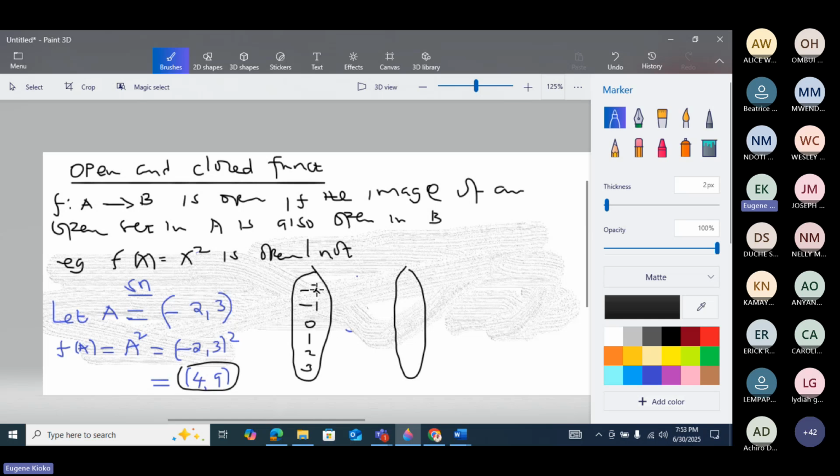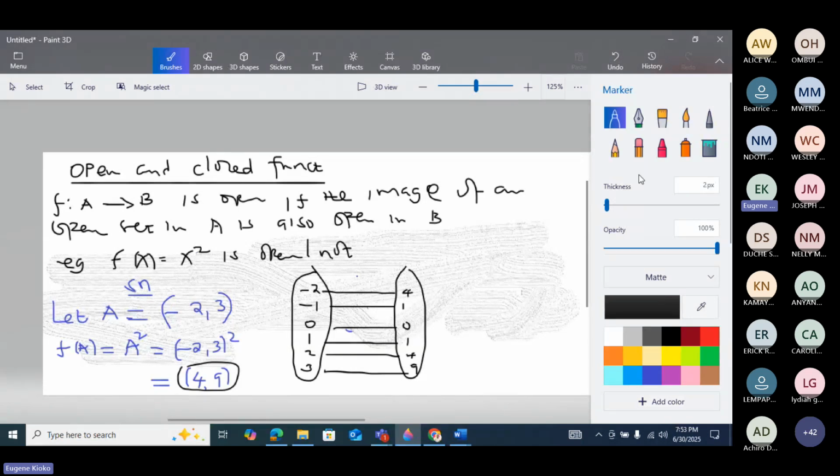Then what is happening? Squaring. Square this, you get 4. Square this, you get 1. Square this, you get 0. Square this, you get 1. You get 4. You get 9.